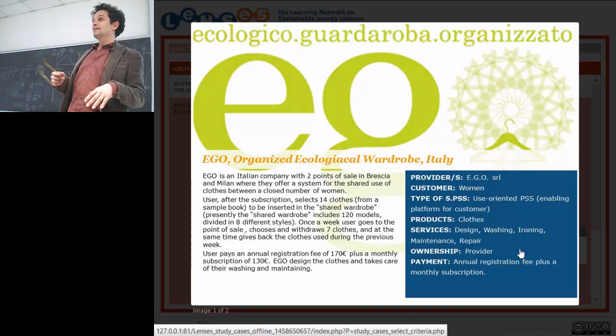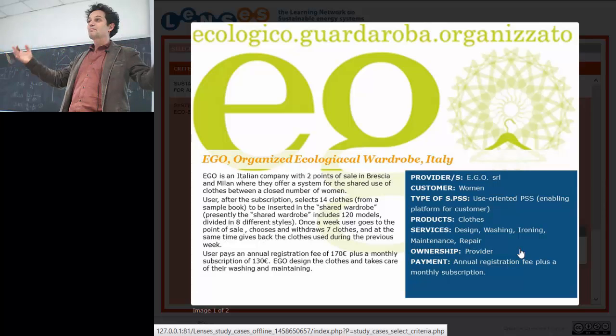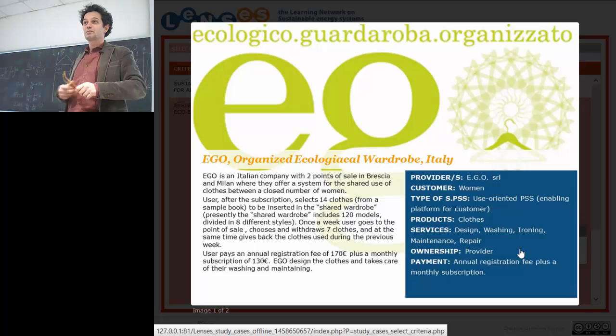Of course, the system is intensifying the use because more persons are using the same product. So we saw that this is interesting in environmental terms. As with the drill, you remember, if more people are using the clothes, we are producing, distributing and disposing less.